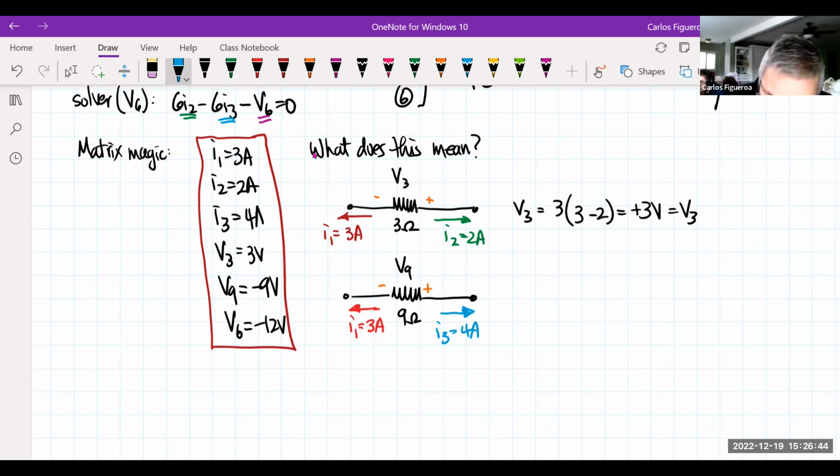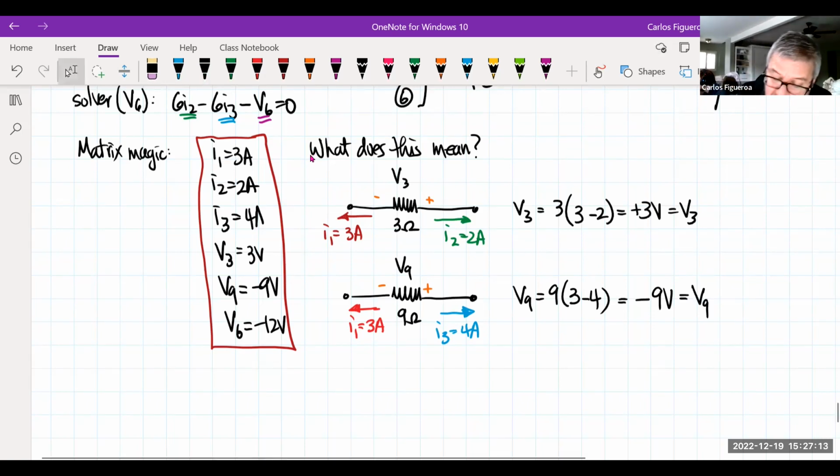So again, Ohm's law says V9 is then going to be 9 times the current, which is 4. And you can clearly see that this guy is minus 9 volts. So therefore, I get a V9 that looks like this. I should have been boxing these guys.